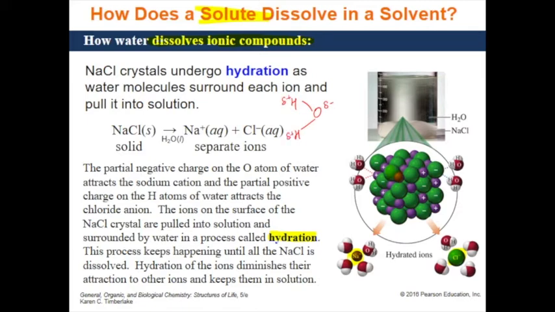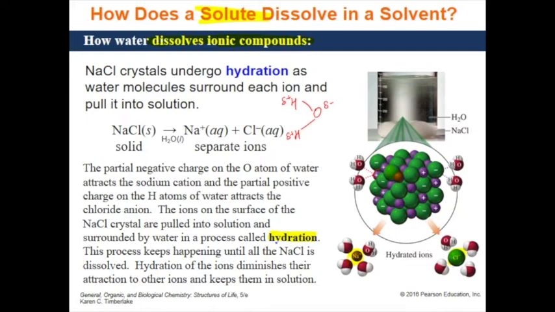So when this crystal is dissolved in water, whatever atoms are on the edges or the surface of the crystal are going to interact with water first. Whatever is on the inside of the crystal stays inside, but whatever is on the surface interacts with water. If there is a positively charged atom, like here, this is the sodium atom, it has a positive charge.